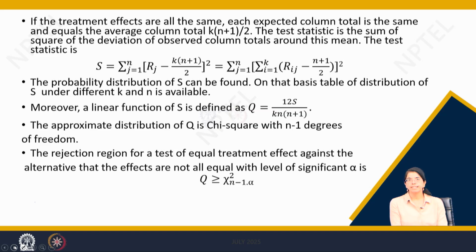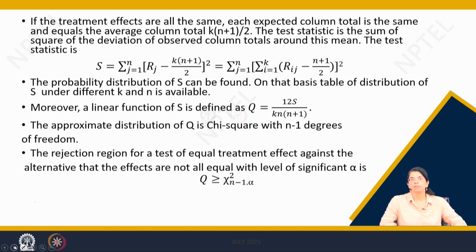The test statistic is S. It is very much similar to Kruskal-Wallis. The only difference is that in Kruskal-Wallis you combine all the observations and then rank, and here you are ranking within the block. Clear? Fixing the block. So S is equal to summation of Rj minus k into n plus 1 by 2, whole square.